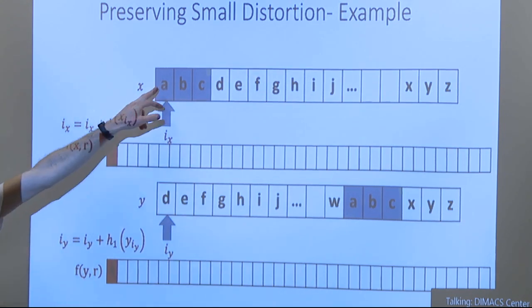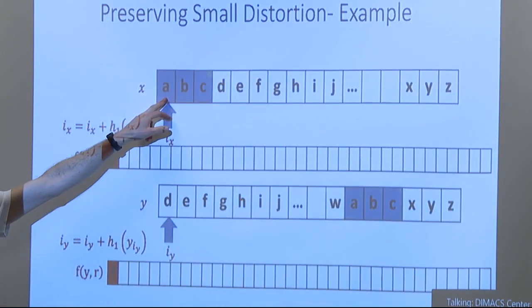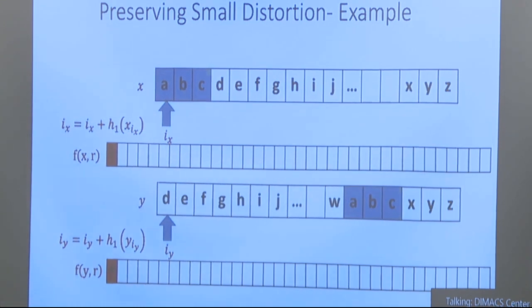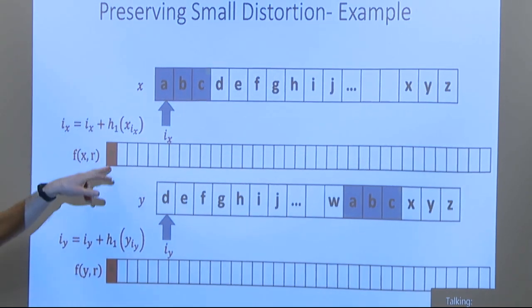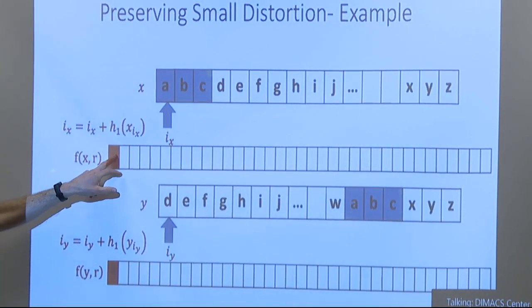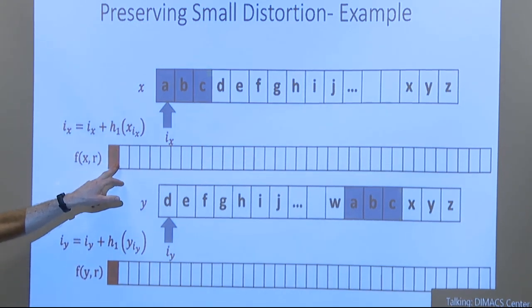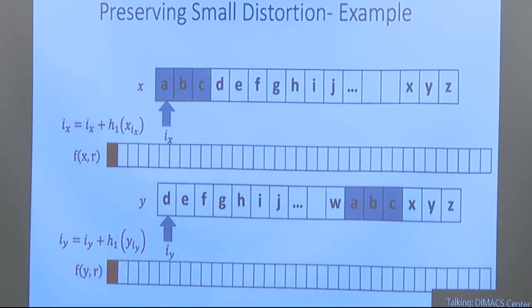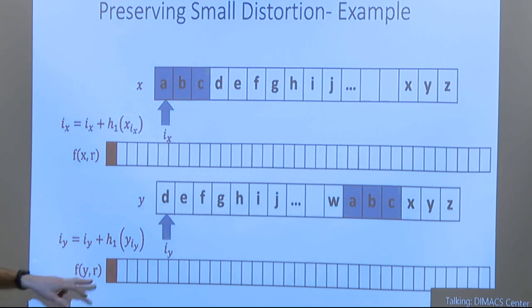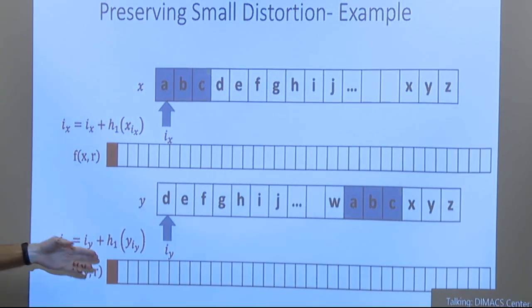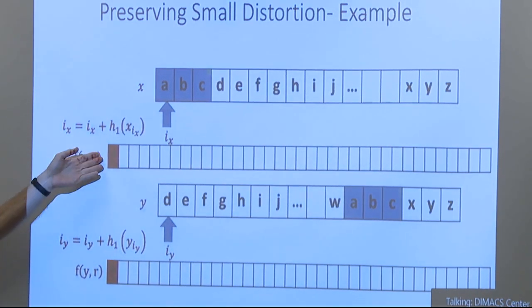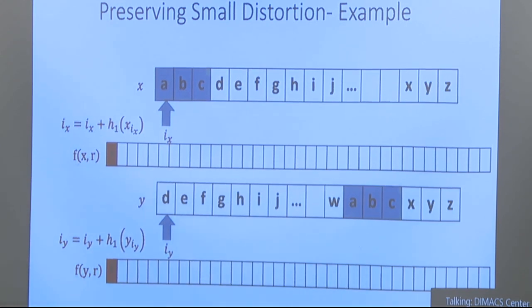The first character of x is a, and the first character of y is d. So the first character of the embedding of x will be a, and the first character of the embedding of y will be d. And we get a mismatch in the embedded strings.